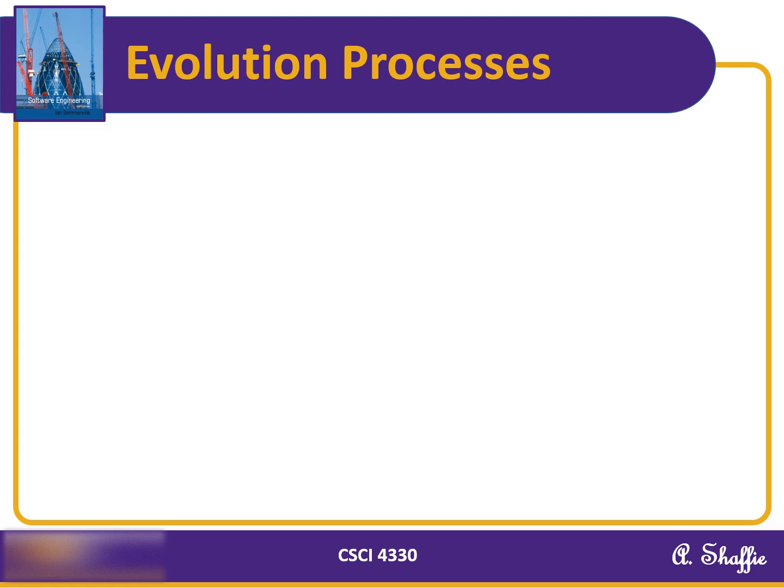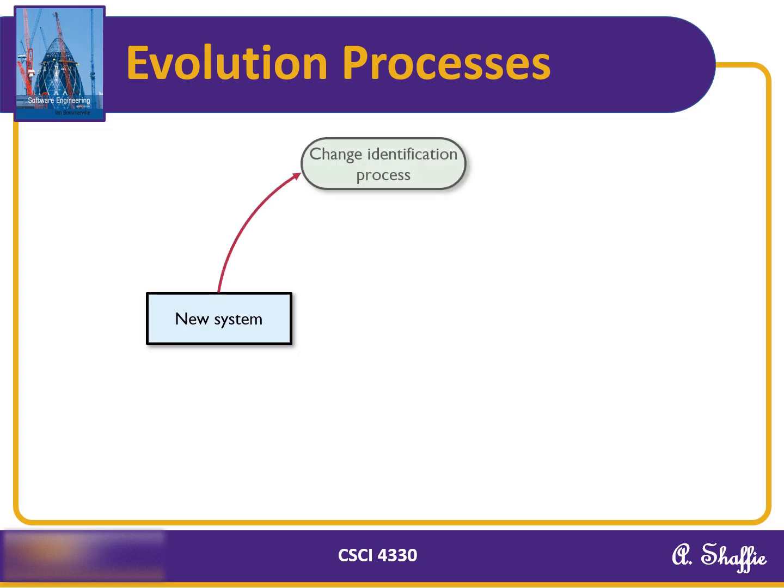The software evolution journey begins with a new software or a new system, which is developed and deployed to fulfill initial requirements. Over time, as the system is used, new needs arise or issues are identified, triggering the next process, which is the change identification process.